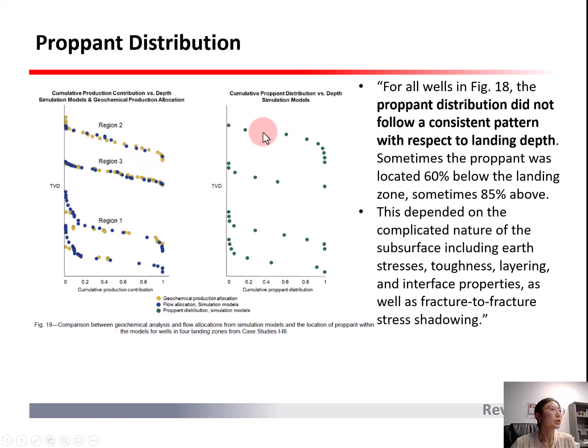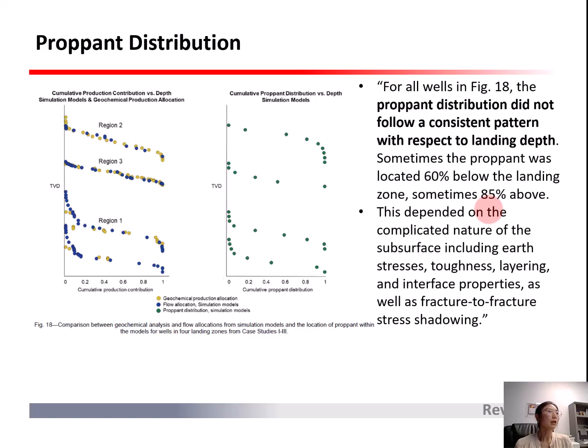So here you're looking at the proppant distribution. The key observation from it is that the proppant distribution did not seem to follow a consistent pattern with respect to landing depths. Some are 60% below the landing, while some others are 85% above it.